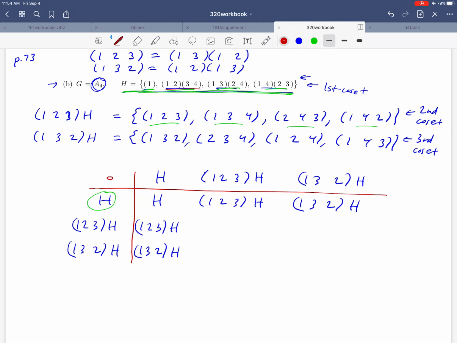Then what about this coset times this one, (1 2 3) times itself? To do that calculation, we take (1 2 3) and multiply it by (1 2 3). I'm going to ask you to confirm that what you get is the permutation (1 3 2).